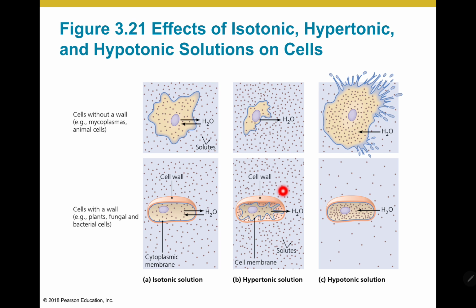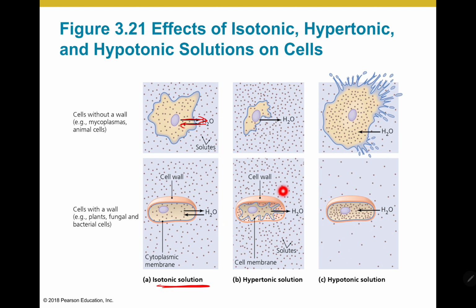So when we look at the effects of tonicity, remember tonicity simply refers to the volume change of a cell. If I place a cell in an isotonic solution, that solution has the same amount of stuff. Water wants to move where there's stuff, so it's going to move out and inside the cell equally, because there's the same amount of stuff outside and inside the cell.